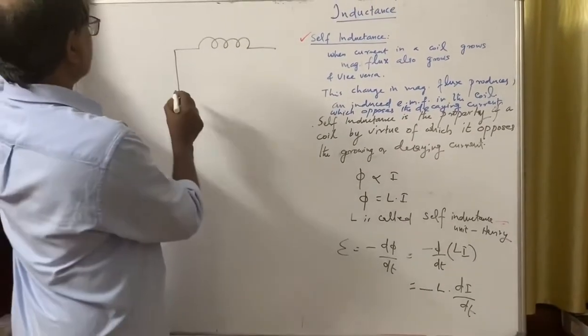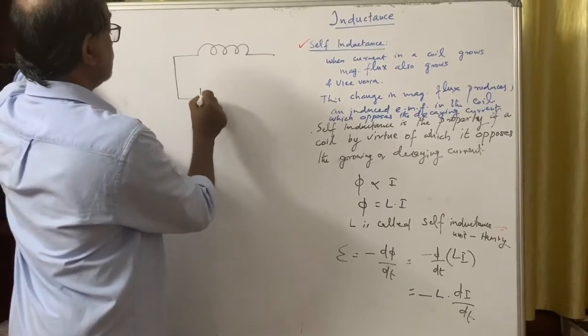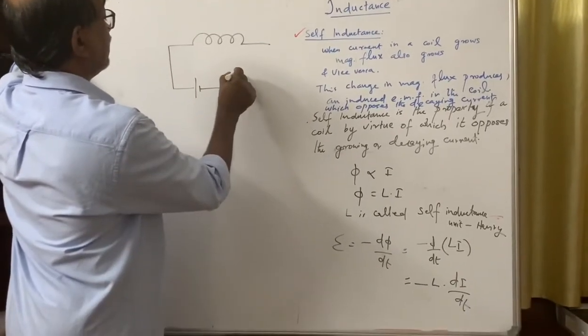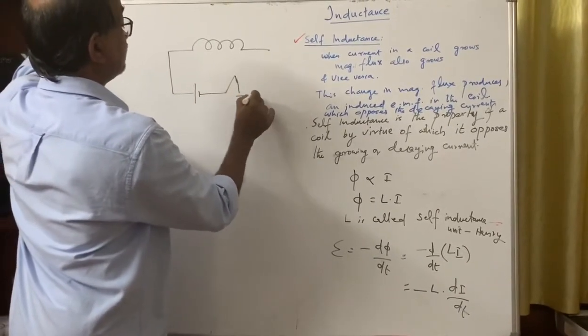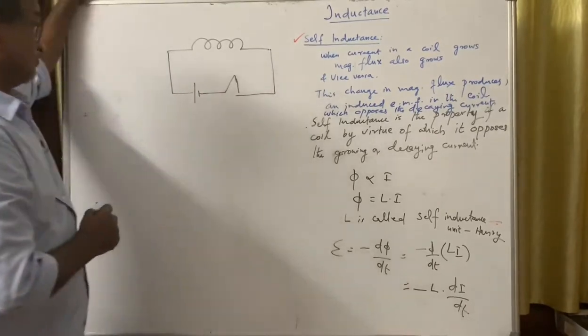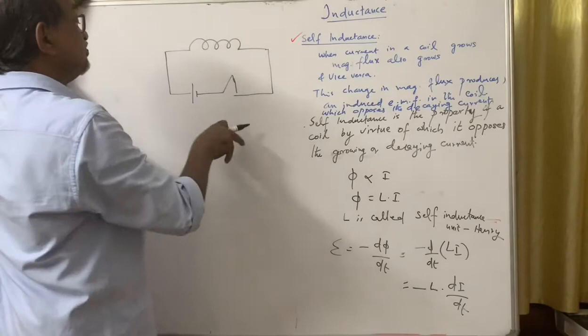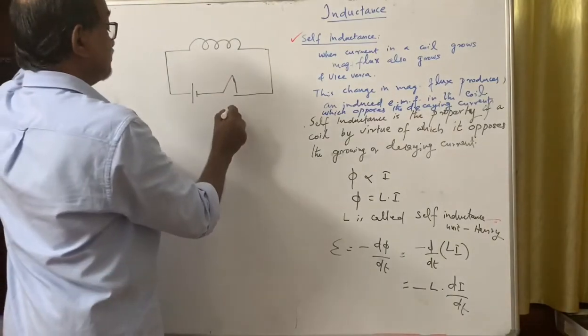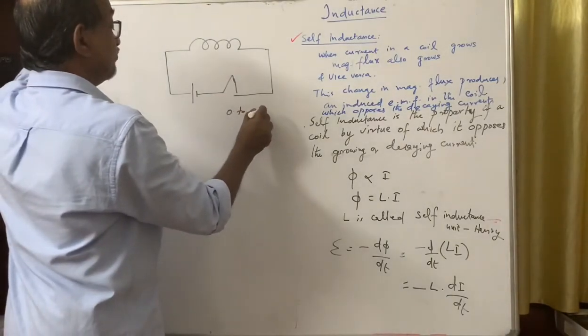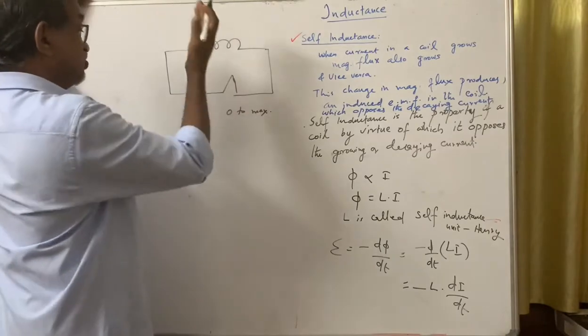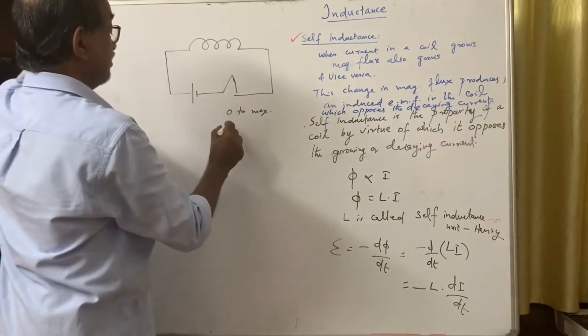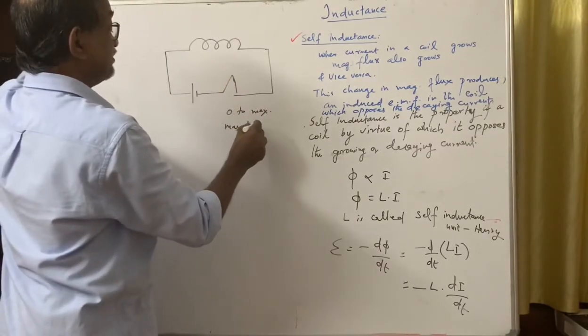Then you just consider the make and break arrangement of this circuit. Actually, this is a tap key. When tap key is pressed, current increases from 0 to maximum, and when it is released, then current decreases from maximum to 0.